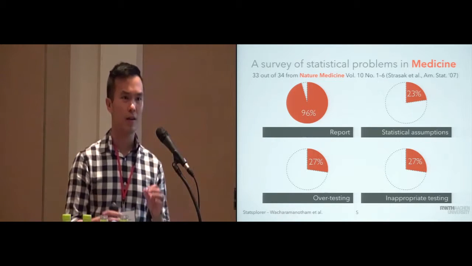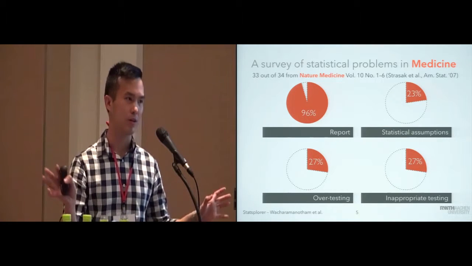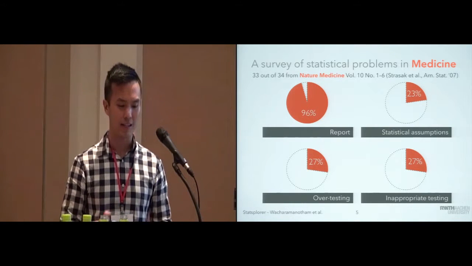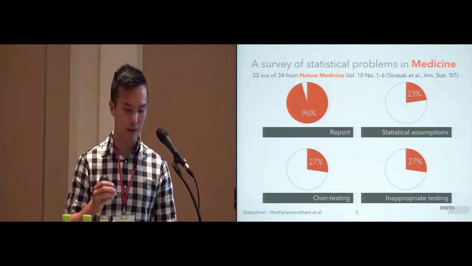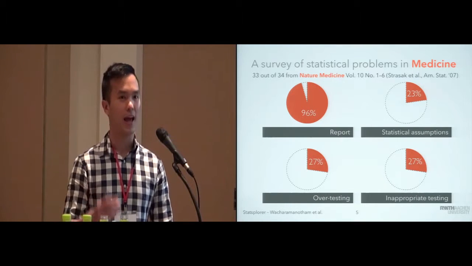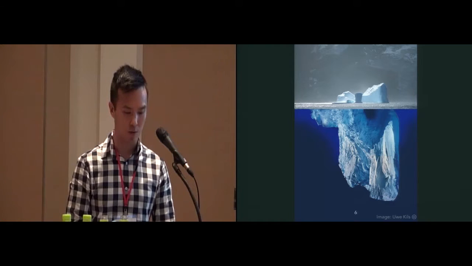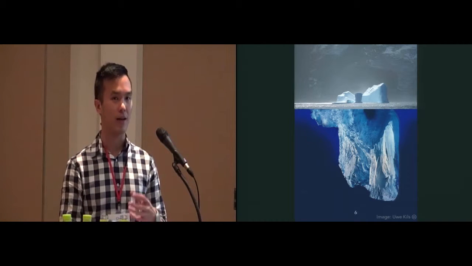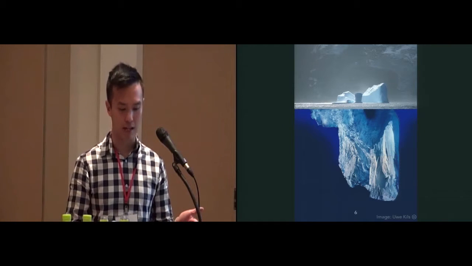You may think that maybe it is the problem of this one community. We have such a wide community, many people do statistics. Let's take a look at the medicine domain. A survey by Strasak and his colleagues showed that 96% of the papers from Nature Medicine in 2006 had reporting problems. Other problems are also similar to the previous ones as well.